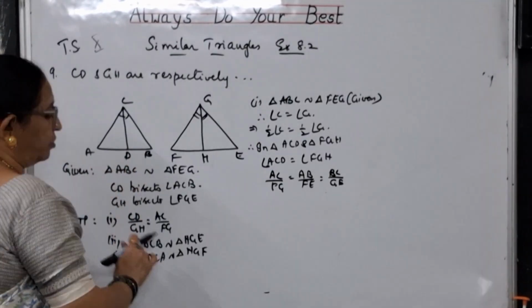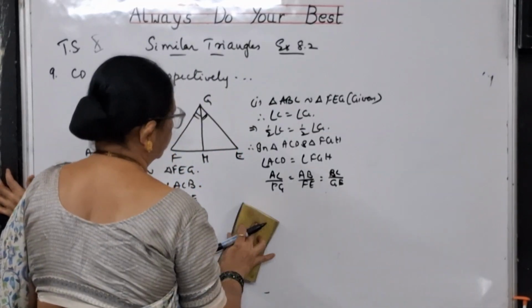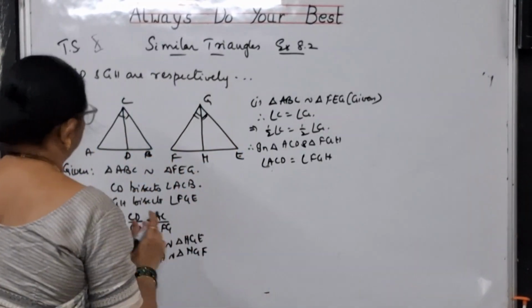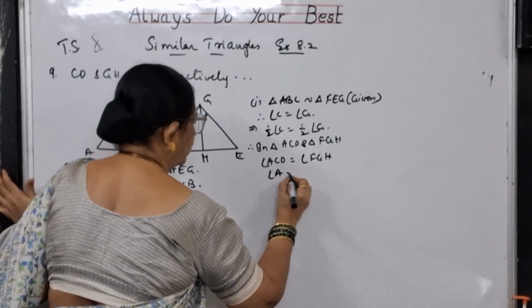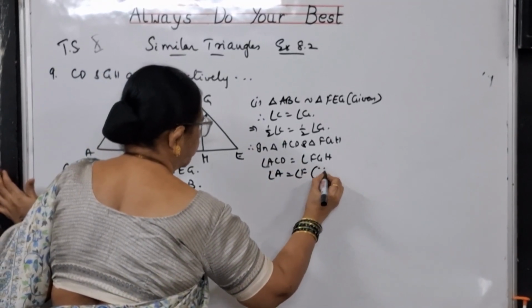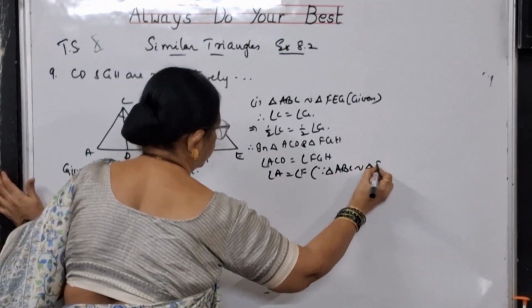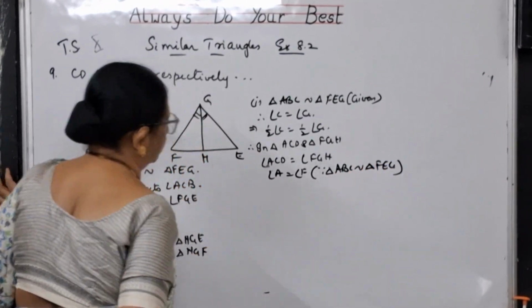Either you can take this, children, or, without taking the sides, we can even take angle A is equal to angle F, because triangle ABC is similar to triangle FEG. This is convenient for us, children.